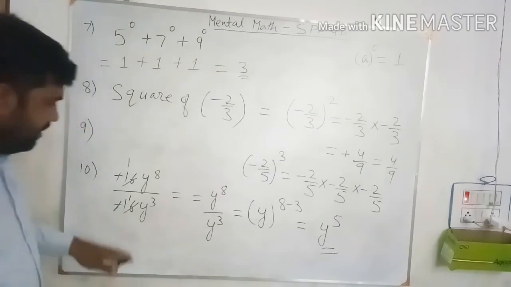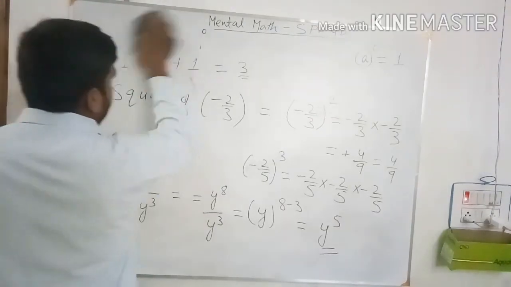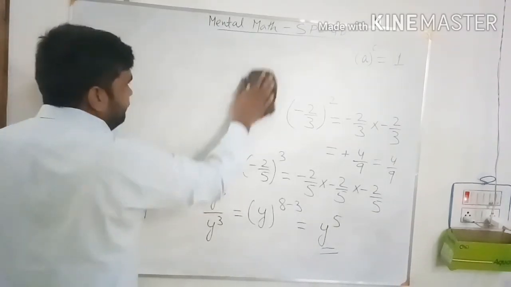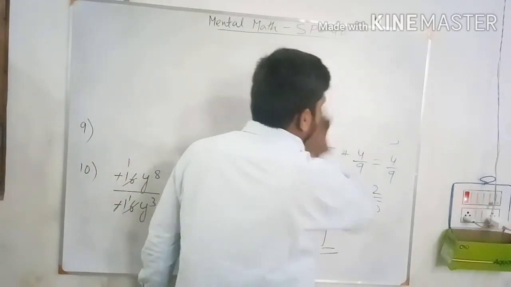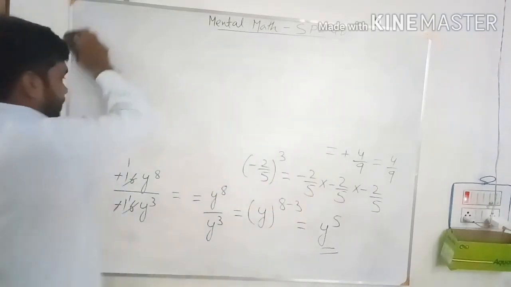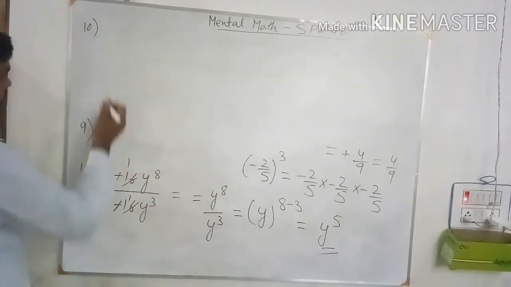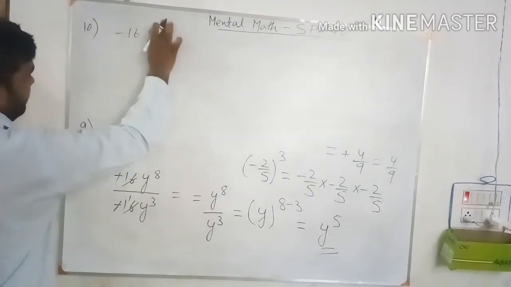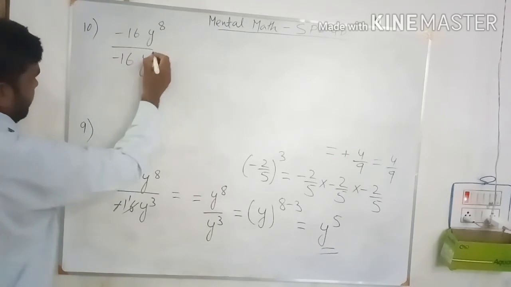Another way you can also do it. See how to do it another way. In another way you can do this question 10. You can write minus 16 y to the power 8 upon minus 16 y to the power 3.